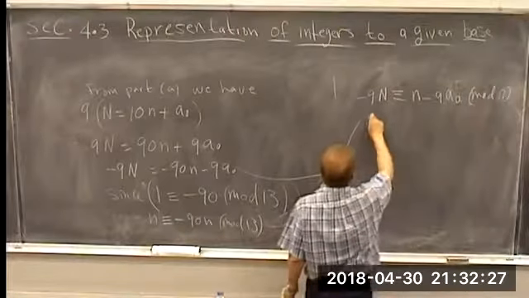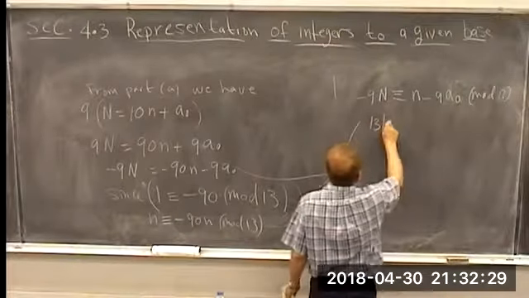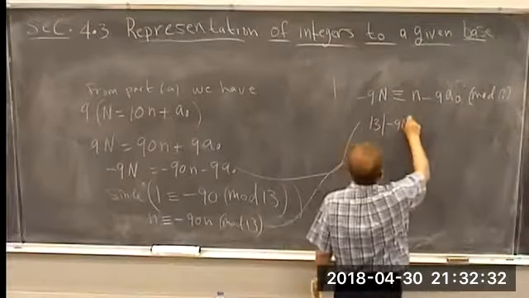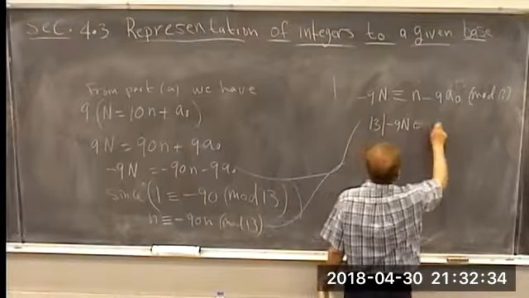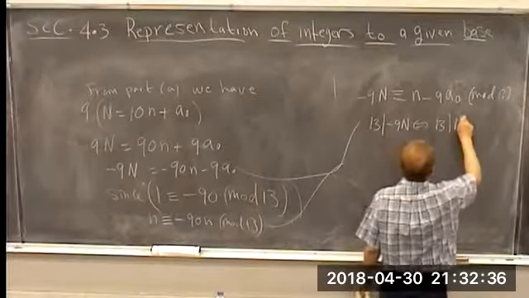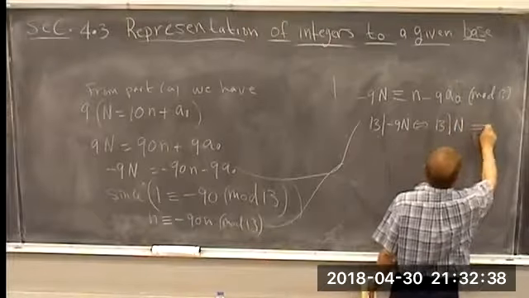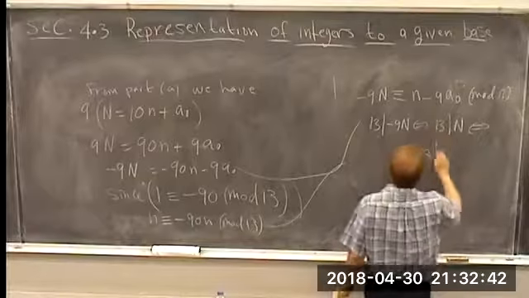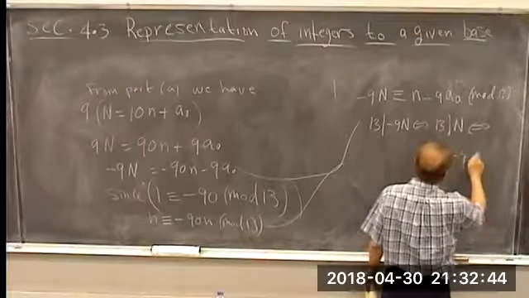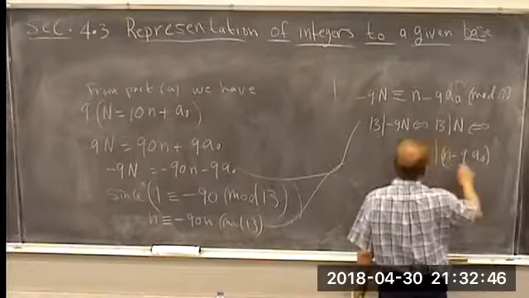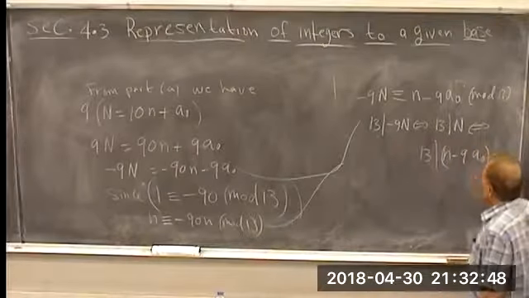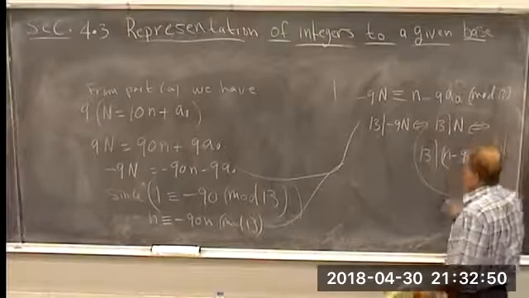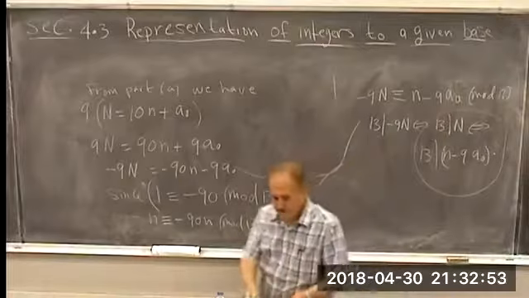Now, 13 is divisible by minus 9n if and only if 13 is divisible by n itself, if and only if 13 is divisible by n minus 9a_0. So this is what we needed, and this is it.